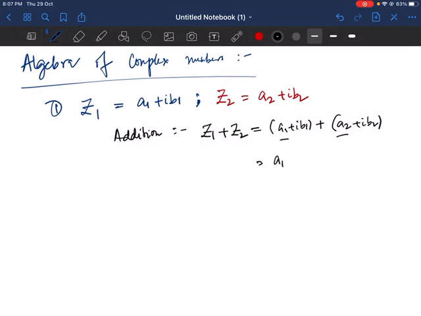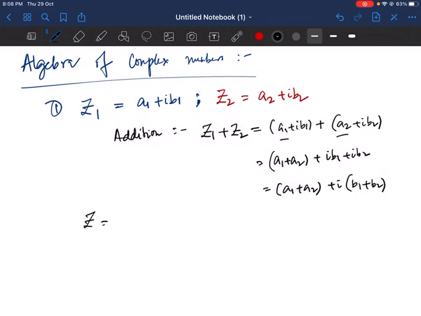So it will be a1 plus a2, the real parts added, plus ib1 plus ib2. Both have i common, so we take out i and write b1 plus b2. So when we add two complex numbers, the real parts get added, and correspondingly their imaginary parts also get added.